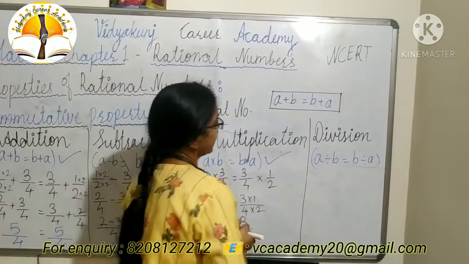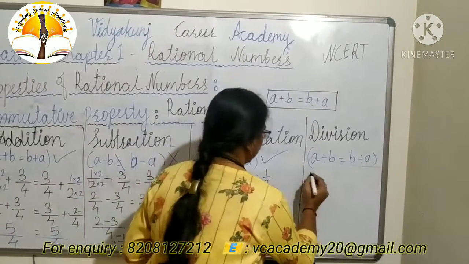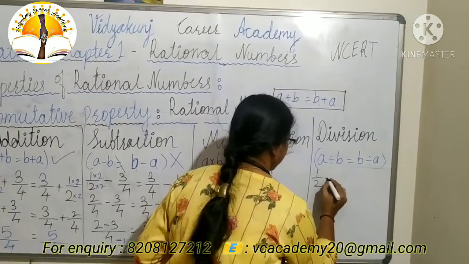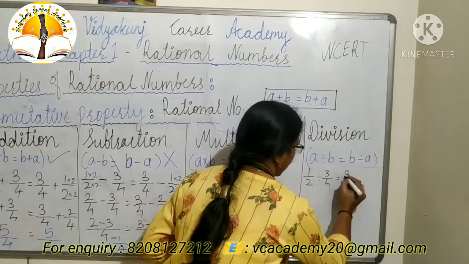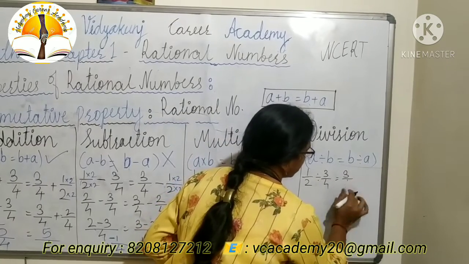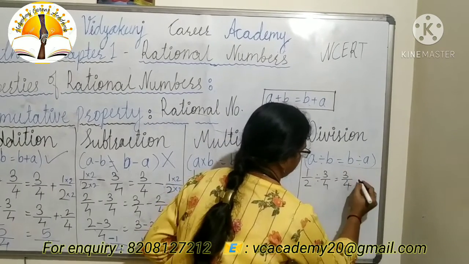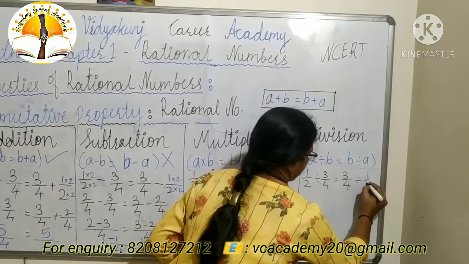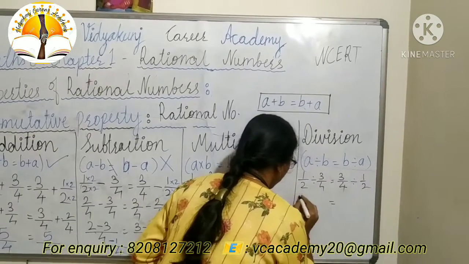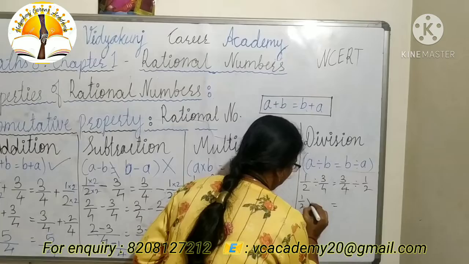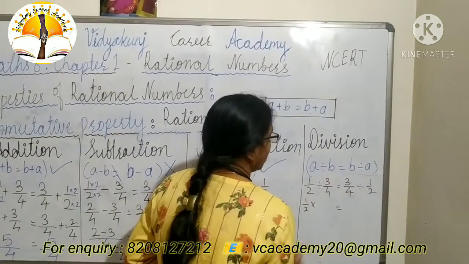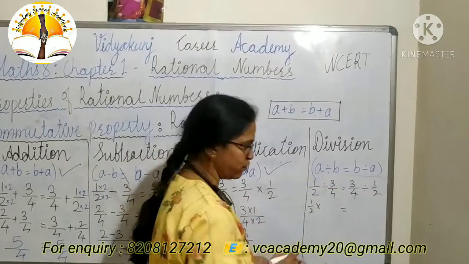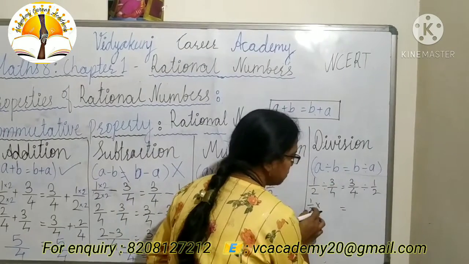Next. Look at here. I will write these number only. I have to interchange these numbers. 1 by 2. Look at here, you are doing here division. So, if you want to do division, you have to here write reciprocal of 3 by 4 and put here multiplication sign.